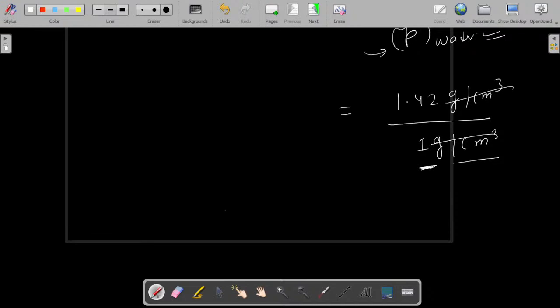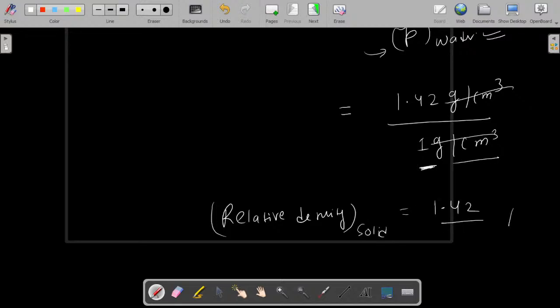So you will get the relative density of solid, it's 1.4. Answer. Always take density of water as 1 in CGS, and density of water is 1000 also, but in SI.